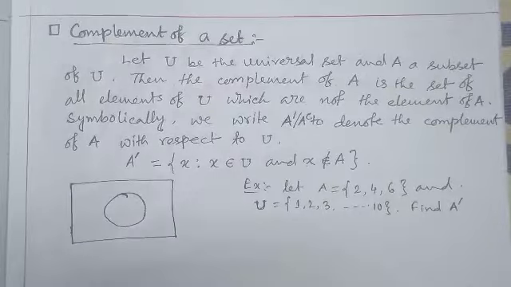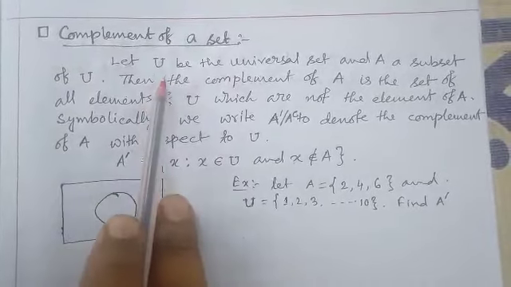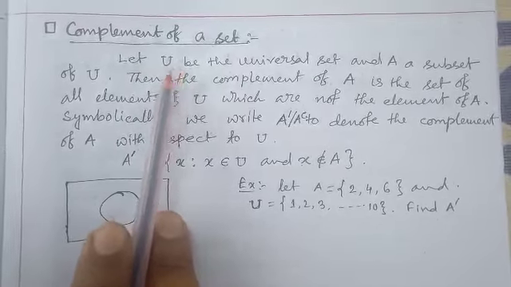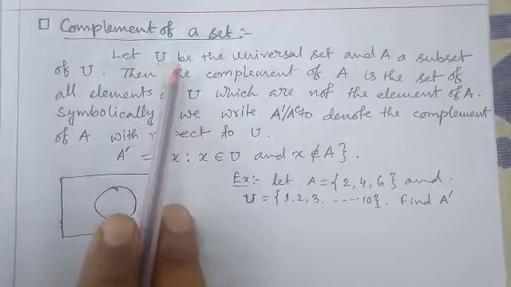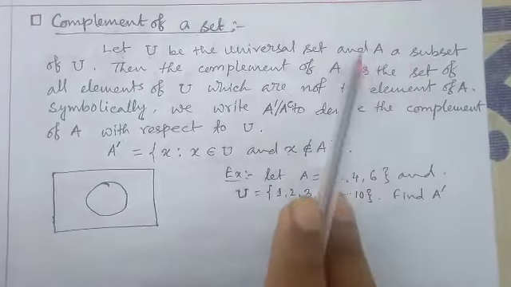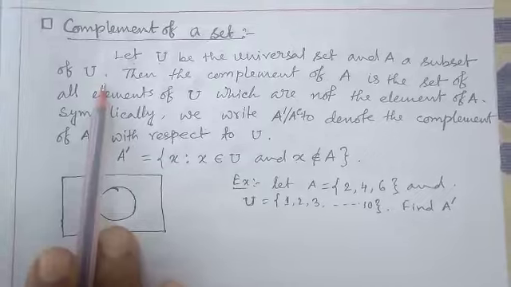Okay, next one, complement of a set. Okay, what is the complement of a set? Suppose you consider U is your universal set and a set A is a subset of the universal set.